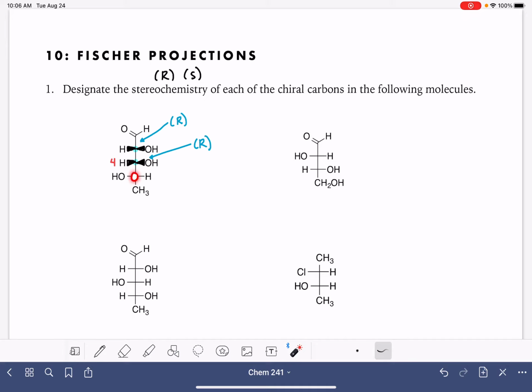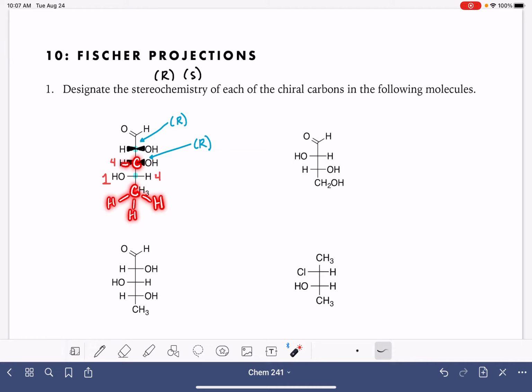So now we're looking at this guy. We want to assign priority to the 4 things attached to it. Hydrogen's always going to be number 4. We have a carbon versus an oxygen versus a carbon. That oxygen is higher priority, so that's going to be our number 1. We have a carbon versus a carbon, which is a tie, so we need to look at what is attached to those carbons. Down on the bottom, we have a CH3.